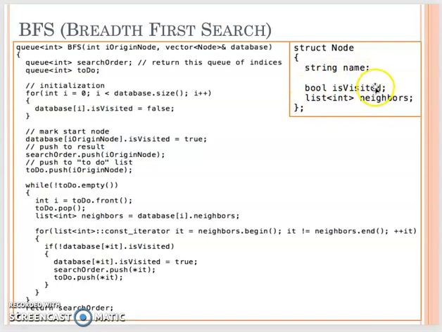But for those tracking values, before we start working on our database, we need to initialize the value to the default value. So when we pass the database to our BFS search function, we need to make all the bool isVisited equal to false. That's how we know whether each node has been visited or not.